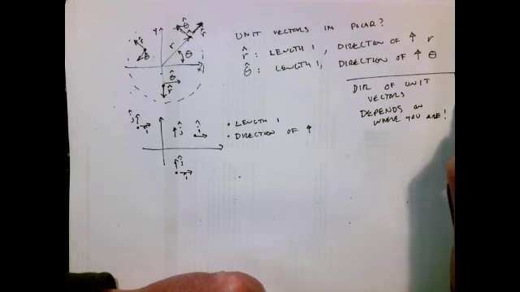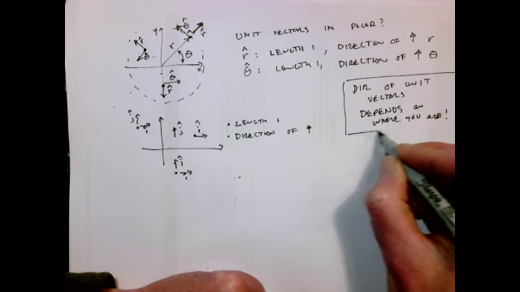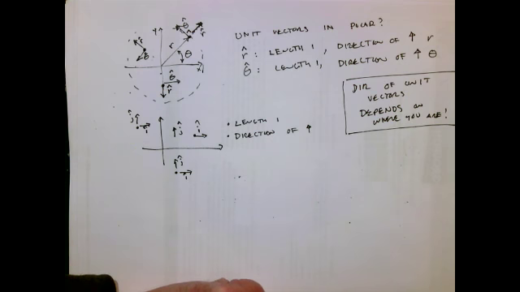And that's a pretty important idea. It ends up having all kinds of interesting implications, because when you start to talk about things moving, that means that not only is the magnitude of the vector changing, but also the unit vectors are changing. And that can be very handy because it allows you to collapse a lot of information into unit vectors, and also very confusing because a lot of information is collapsed into unit vectors.